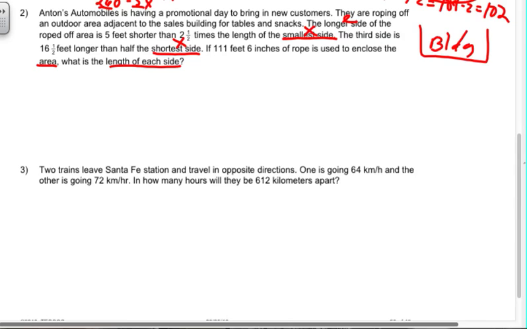So we're going to rope this thing off, and we're going to have 3 sides of this, roping off adjacent to the building. So the longer side is going to be here. Call this my shorter, and then this will be the 3rd side. Call it T for now.